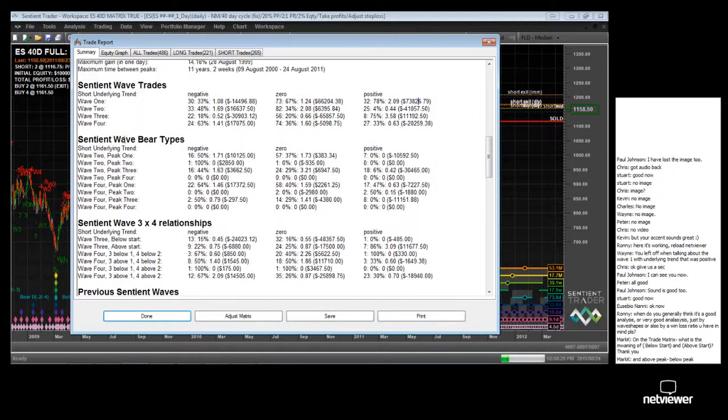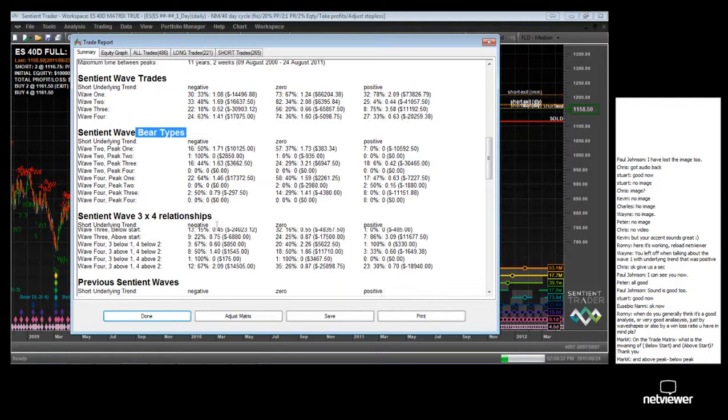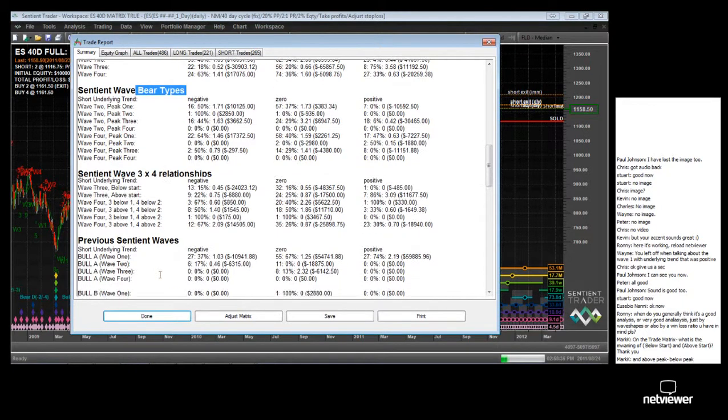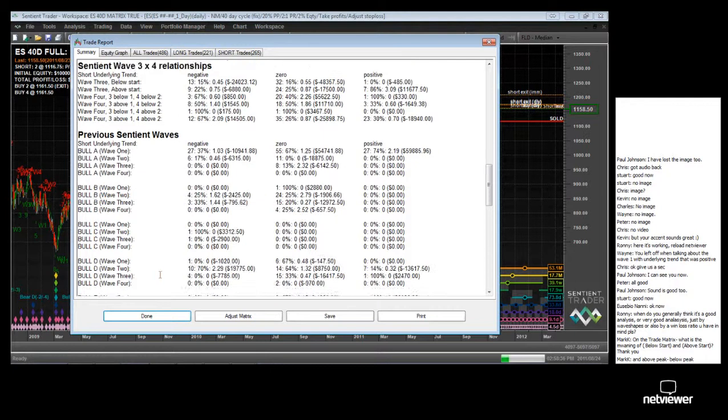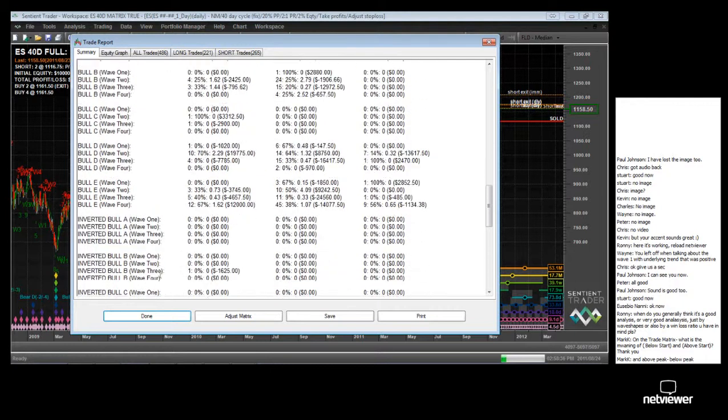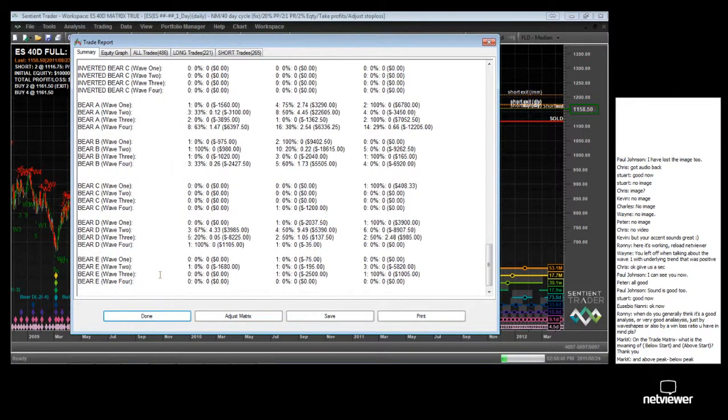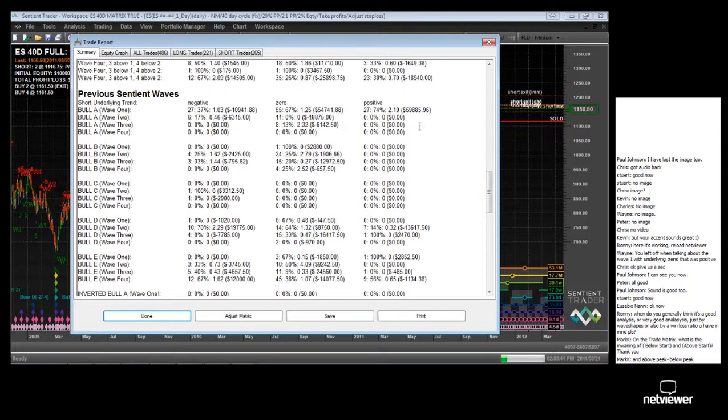So if we scroll down in the trading report, you will see that there is detailed info, including sentient wave bear types and sentient wave 3x4 relationships and previous sentient waves.